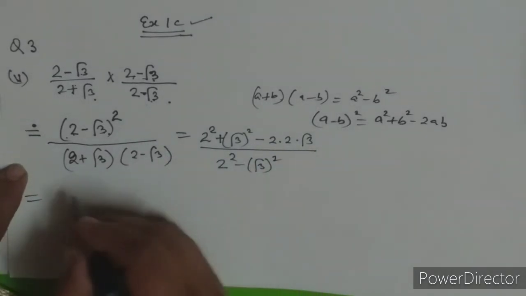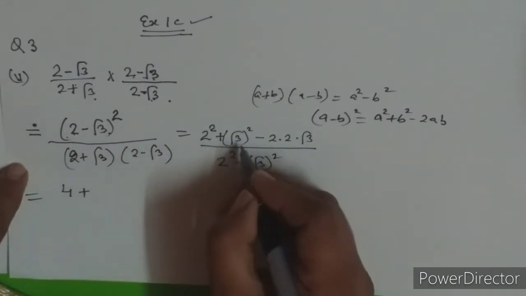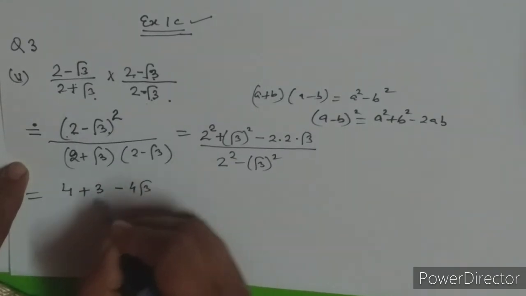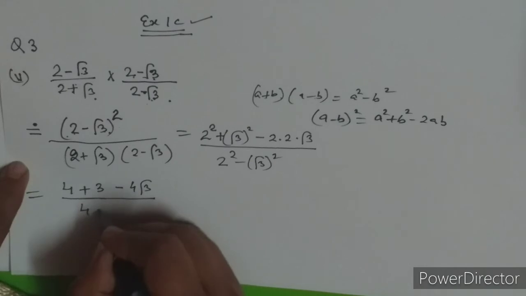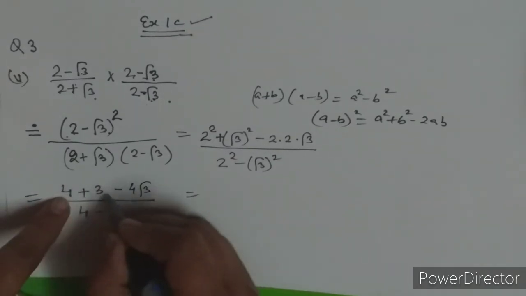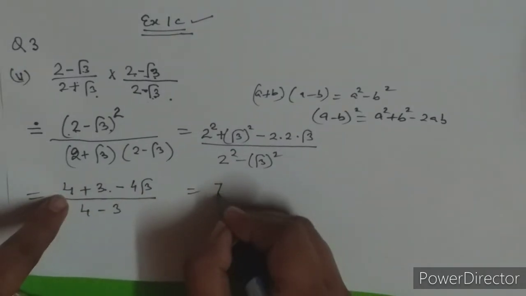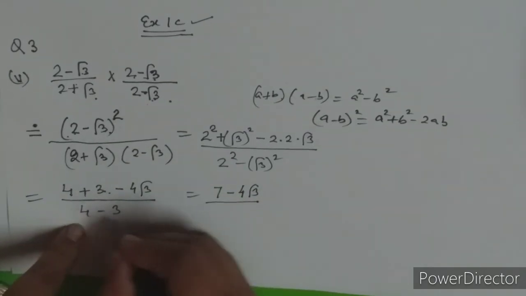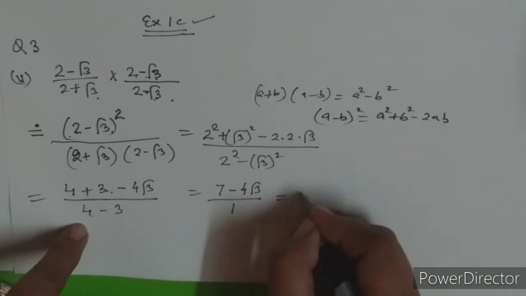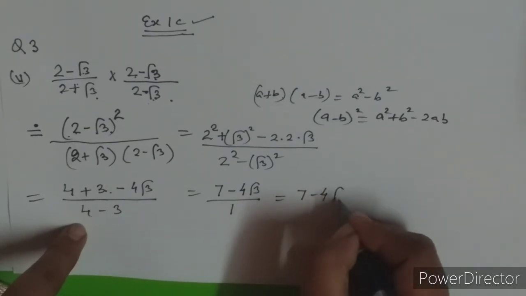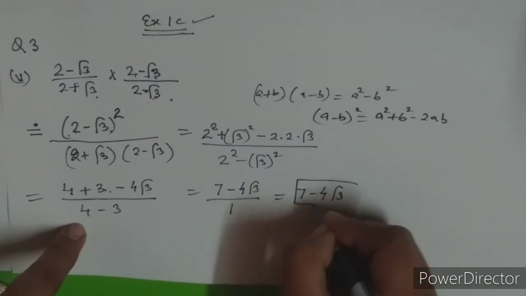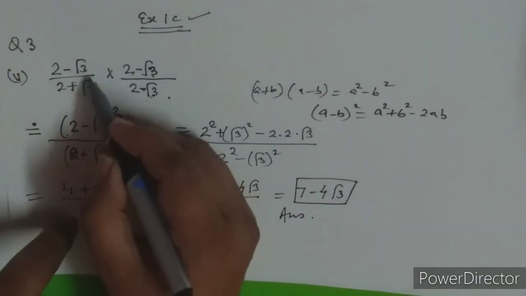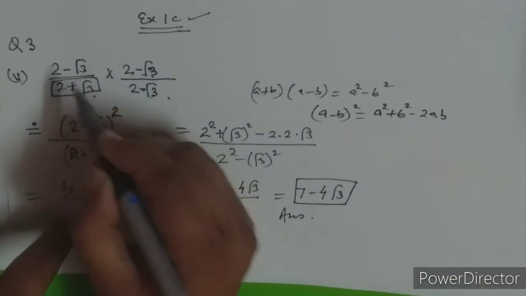What does it become? 2 square is 4, square of square root of 3 is 3, minus 4 square root of 3, divided by 4 minus 3. Rational numbers to be added, 7, and the irrational part to be kept as it is, divided by 4 minus 3, which is equal to 1. So what has become? 7 minus 4 square root of 3. This is the answer of rationalizing the denominator of this whole number.